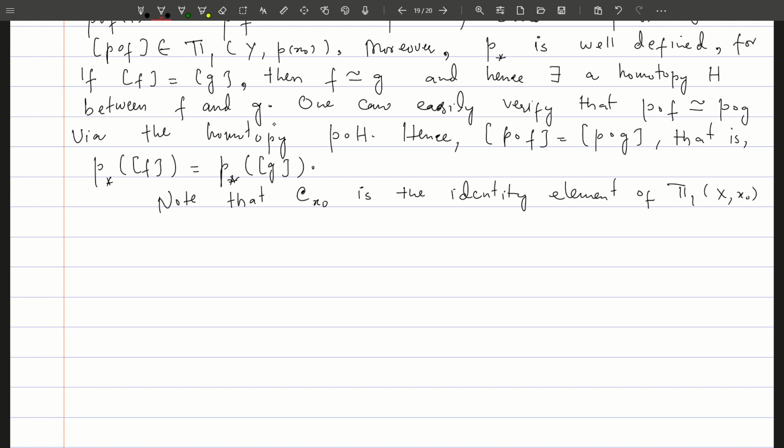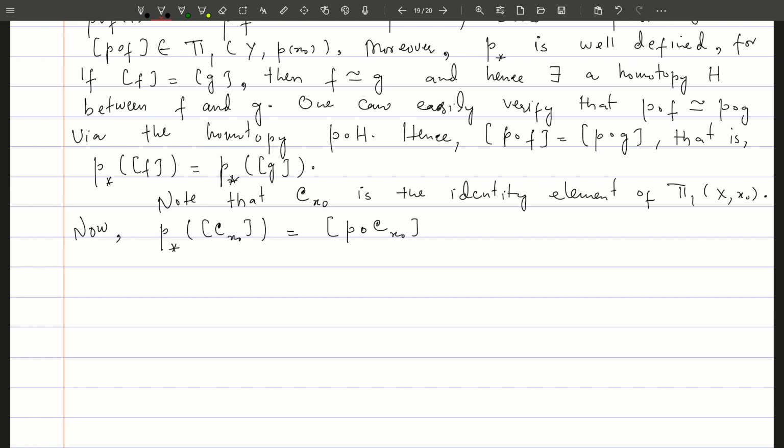Now let us see what will happen when we take its P star image. P star of the homotopy class of c sub x naught, by definition, is the homotopy class of P composed with c sub x naught.